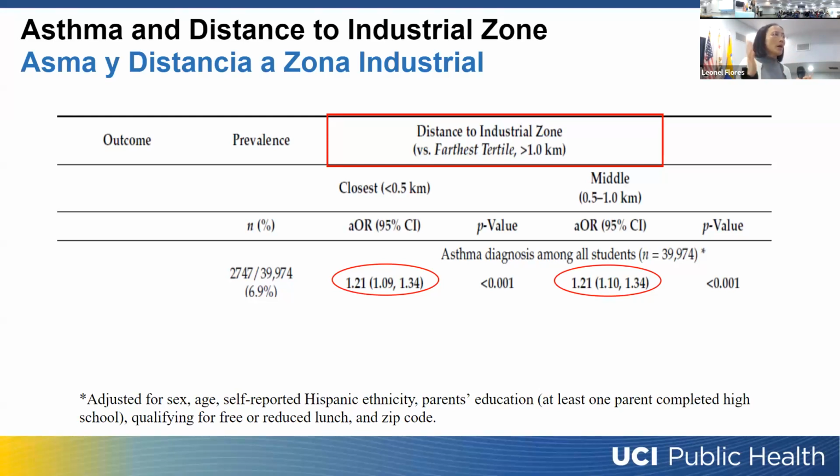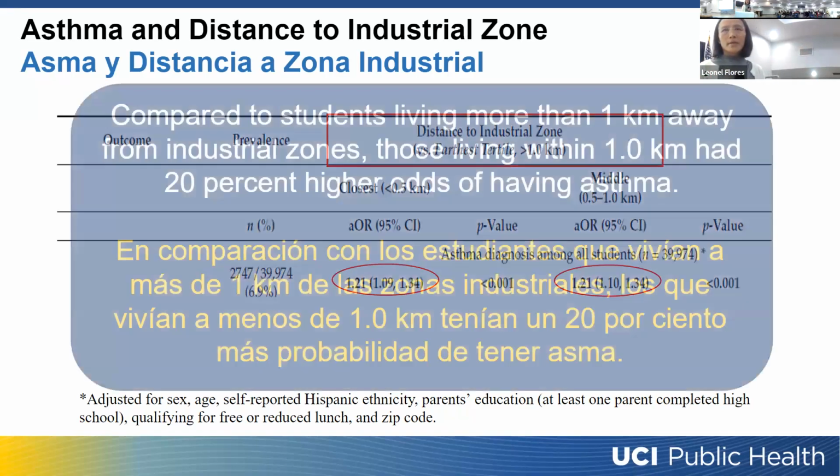For the people who live so close to the industrial zone, the chance of the kids developing asthma is about 20% higher than for the kids who live more than 1 kilometer away from the industrial zone. So a 20% increased risk of developing asthma for those living 0.5 kilometer or 500 meters away from the industrial zone than those living 1 kilometer away. Okay, next slide.